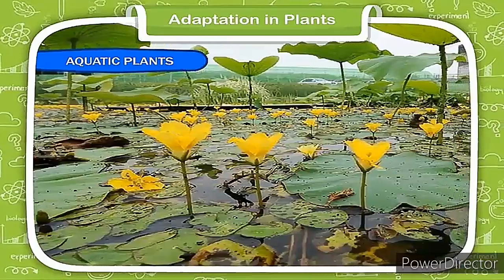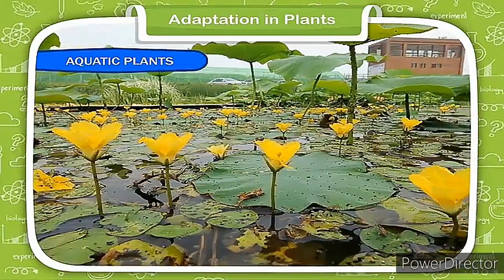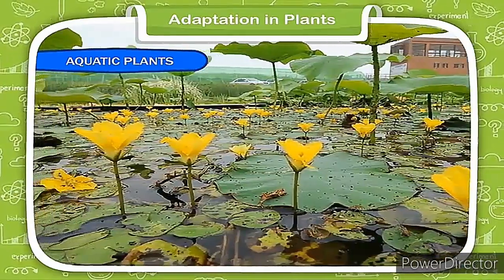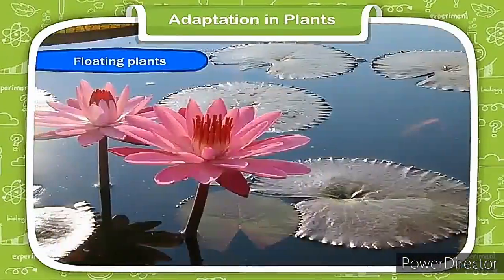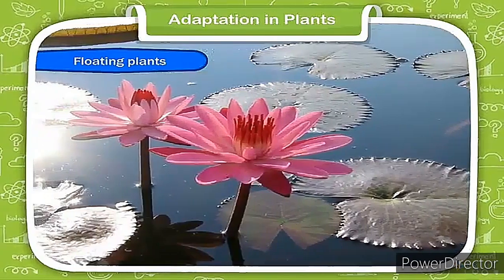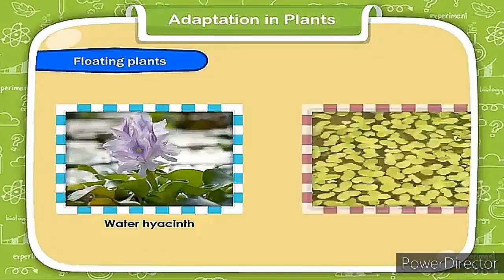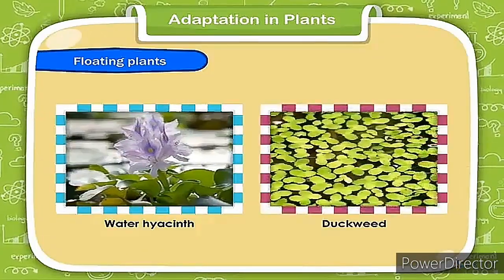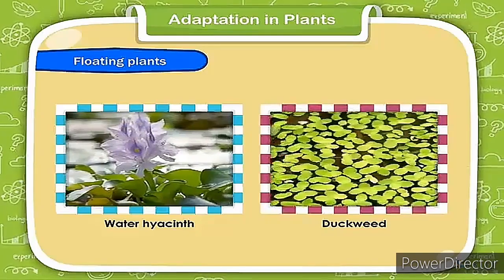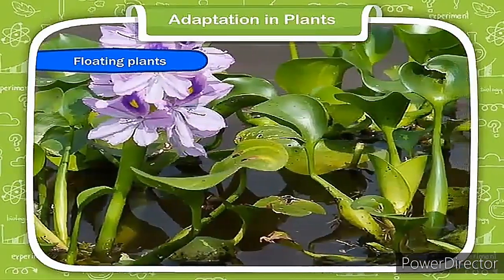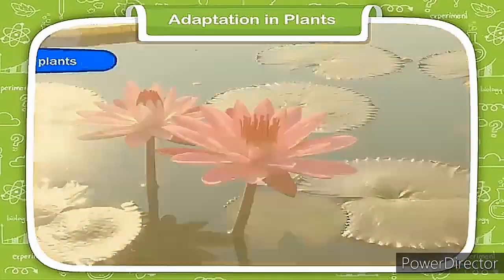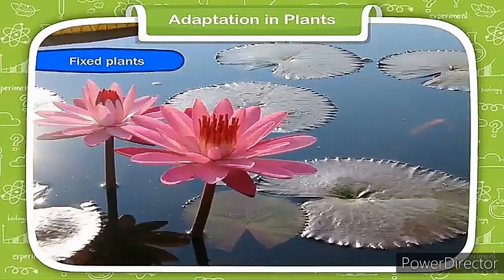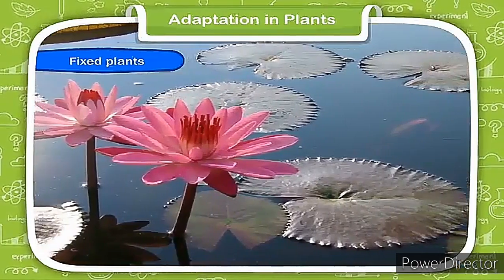Water plants are also known as aquatic plants. They are of three kinds: floating plants, fixed plants, and underwater plants. These are the floating plants. Next is fixed plants.